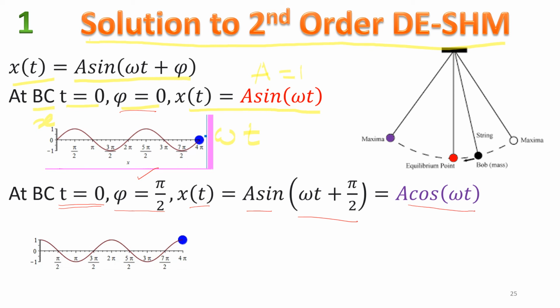So here you can see the variation of x of t. x of t is being plotted on the vertical axis and omega t is being plotted along the horizontal axis.